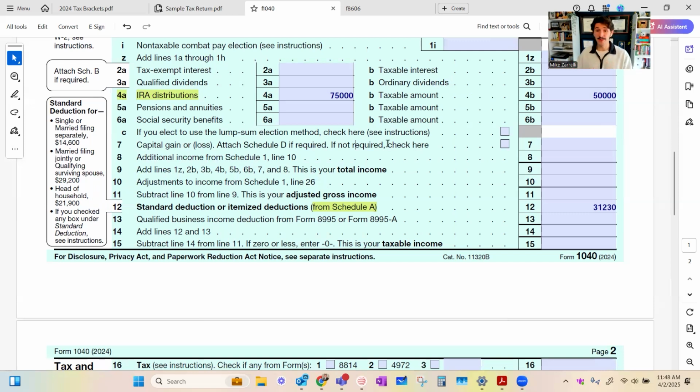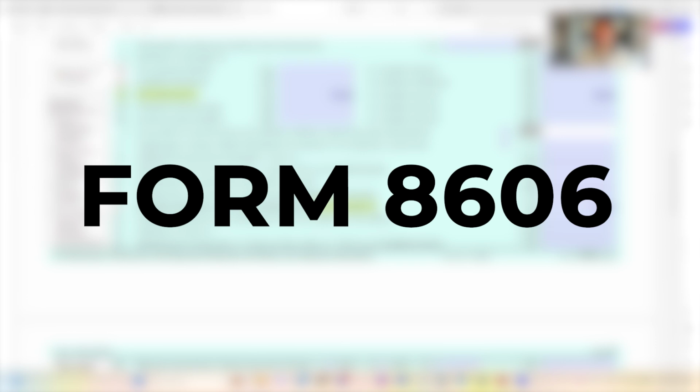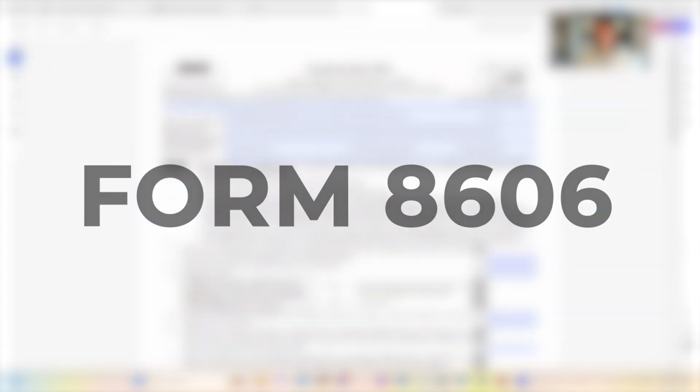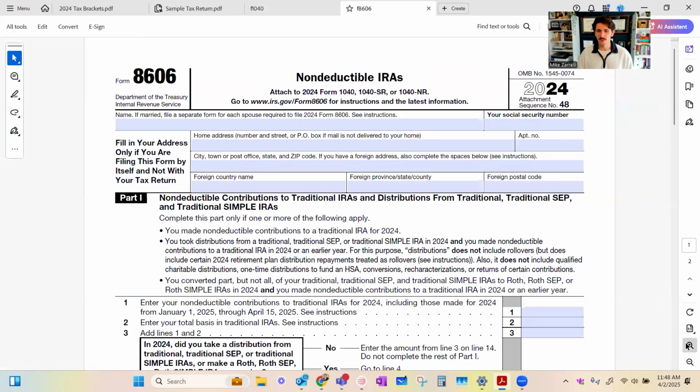Okay, now we're done with the 1040. Next, I want to look at a different form that honestly not many people are aware of. It is called Form 8606, non-deductible IRAs. I'll zoom in on this.